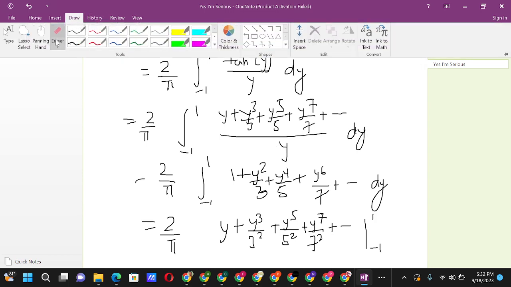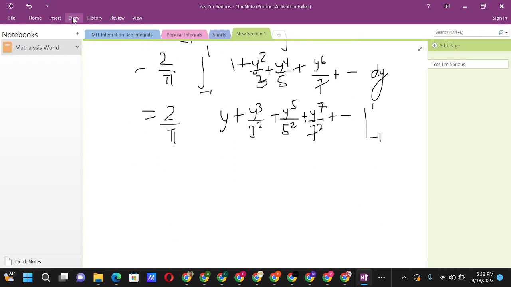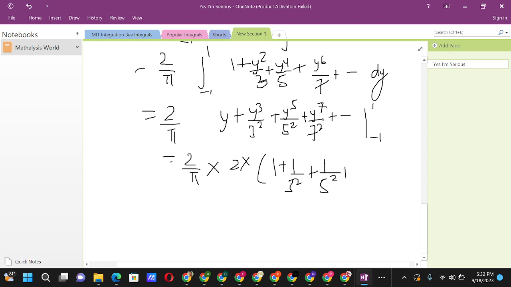I just leave that for you. We get it to be 2 times 1 plus 1 by 3 square plus 1 by 5 square plus 1 by 7 square and so on. So that's 4 by pi times this series over here.